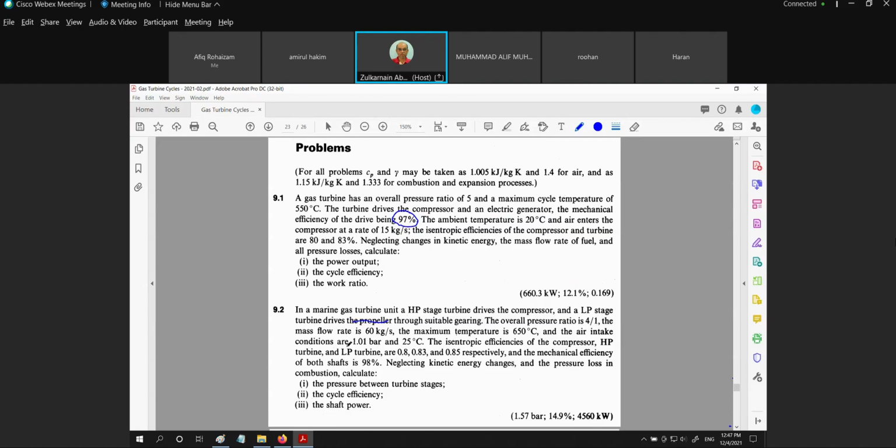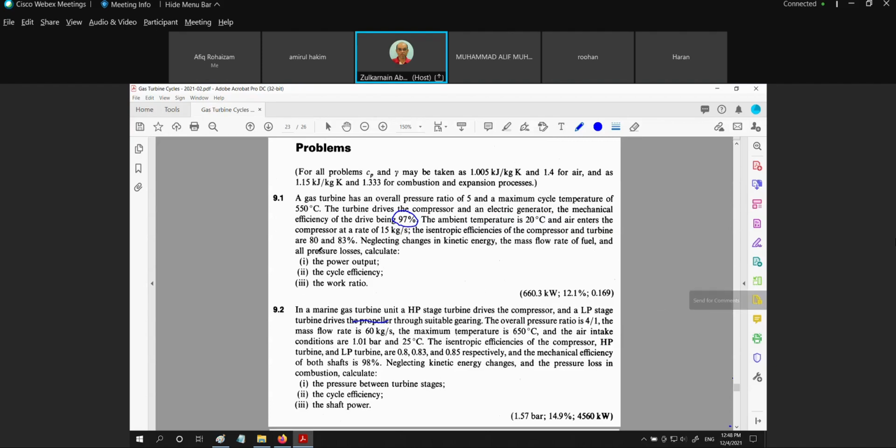Given the air intake condition 1.01 bar, 35, the isentropic efficiency of the compressor, high pressure turbine and low pressure turbine are 0.88, 0.83, 0.85, and the mechanical efficiency for both shafts is 98%. Neglecting kinetic energy and pressure loss, calculate the pressure between the turbine stages.